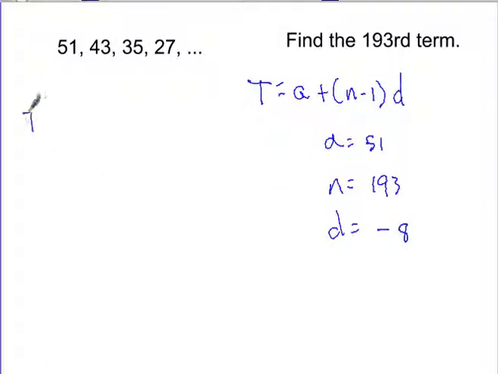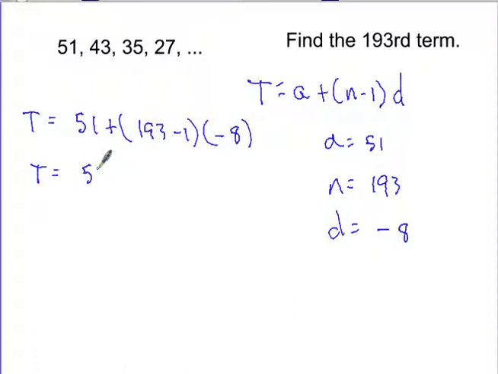All right, so T equals 51 plus 193 minus 1 times negative 8. And don't forget, this is why I want you to put parentheses around the D term here, because otherwise some of you will think it looks like subtraction when you're doing the operation, and you'll get confused. So T equals 51 plus 192 times negative 8.